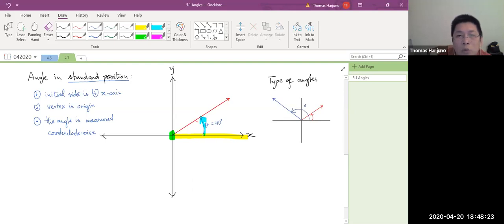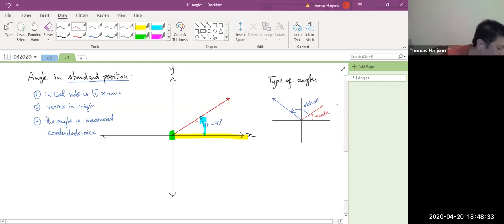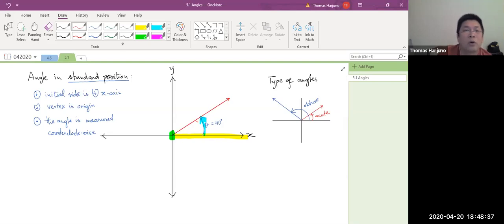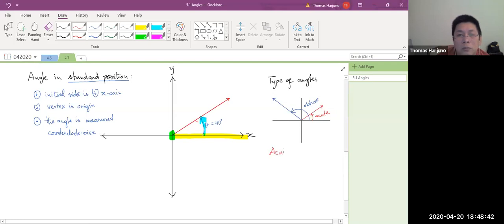This is obtuse. This is acute. So an acute angle means theta is between 0 degrees and 90 degrees.